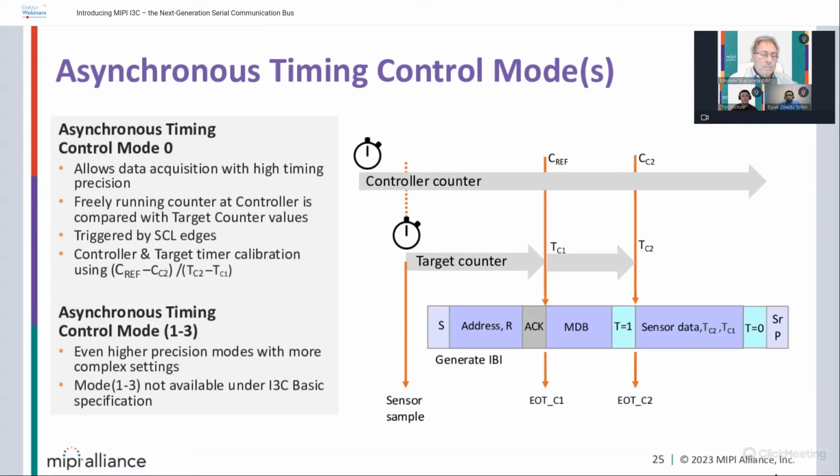With the asynchronous mode 0, it's sub-microsecond precision. We also have more sophisticated modes, which are maybe too complex to present here, where you can go all the way down to below 100 nanoseconds. So I think this opens the door to some innovative, high-performing applications.